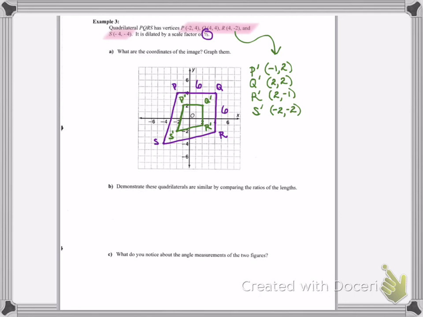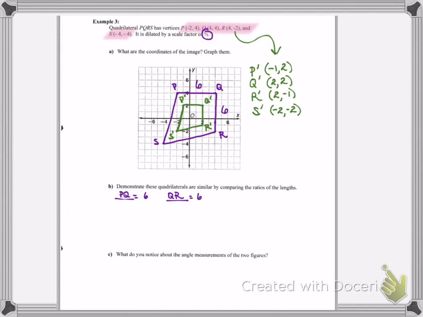We can't find SR or SP because they are diagonal and we'd have to use the Pythagorean theorem. So let's just stick with side PQ and also QR, and each of those were 6 blocks long.